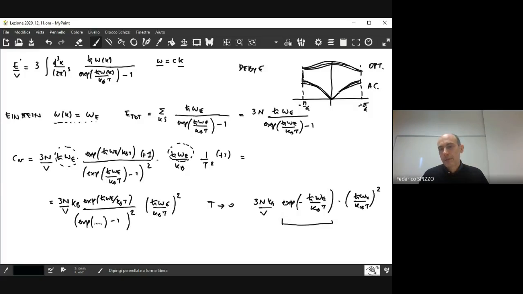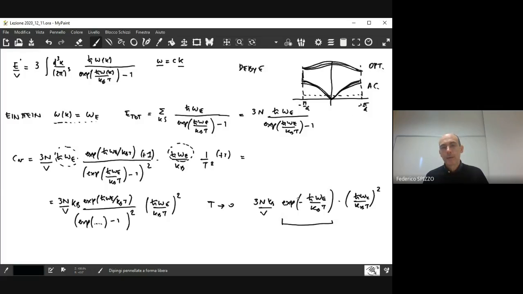So a consequence of that is again the fact that the probability to have optical phonons excited at low temperature is smaller and smaller with respect to the probability to have acoustic phonons excited at low temperature.